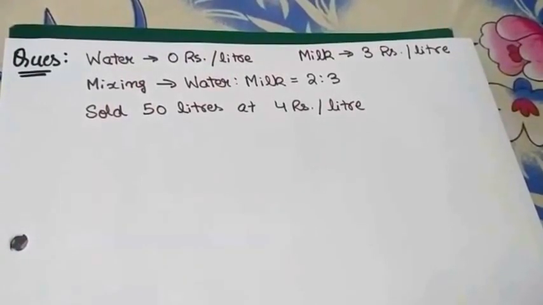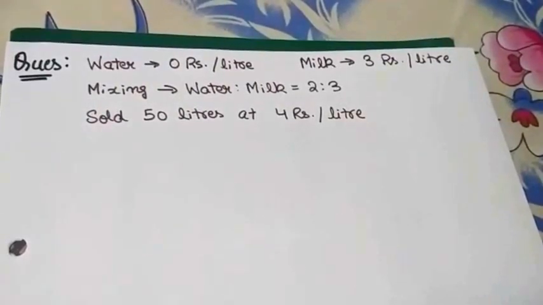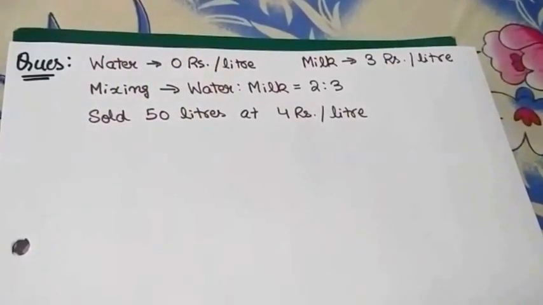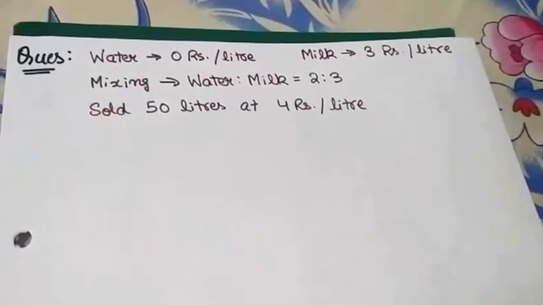After mixing and doing everything, eventually he sold 50 liters at the rate of 4 rupees per liter. So this is all the information we have, and we have to find out the profit percentage.